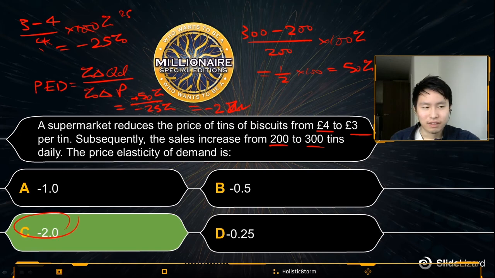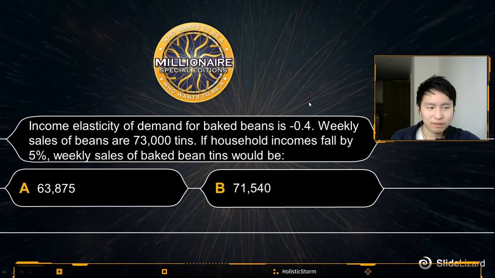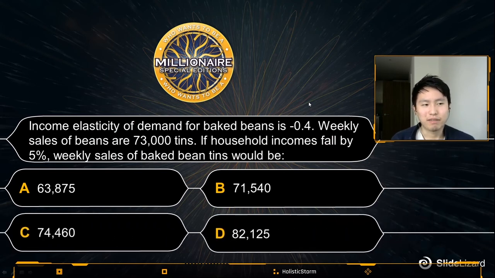Okay. Are you ready for the final question? Income elasticity of demand for baked beans is 0.4. Weekly sales of beans are 73,000 tins. If household incomes fall by 5%, weekly sales of baked bean tins would be A, 63,875, B, 71,540, C, 74,460, or D, 82,125.